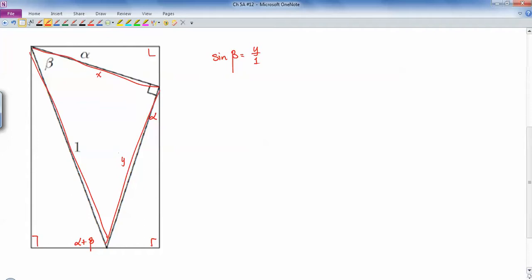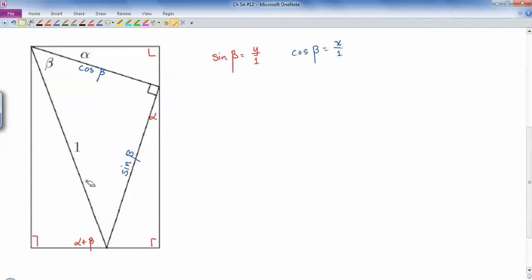So this side right here is really, I'll put all the side lengths in blue here, this is really sine beta, this side length, right? So let's just write it right on there. Sine beta. Okay, and if I solve for x, I could do the same thing, but with cosine. So it'd be cosine beta equals adjacent over hypotenuse. So cosine beta is x. So this side right here is really cos beta.